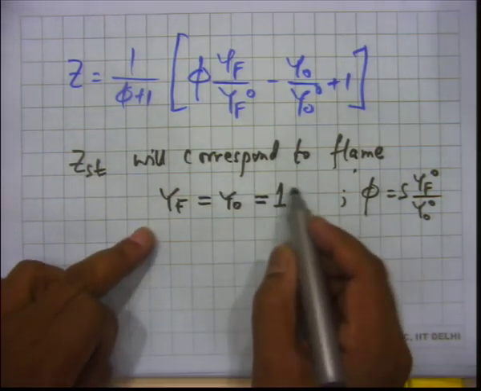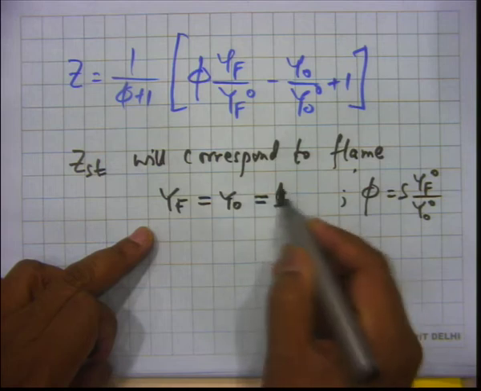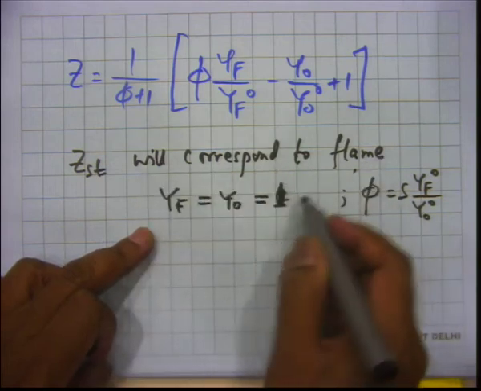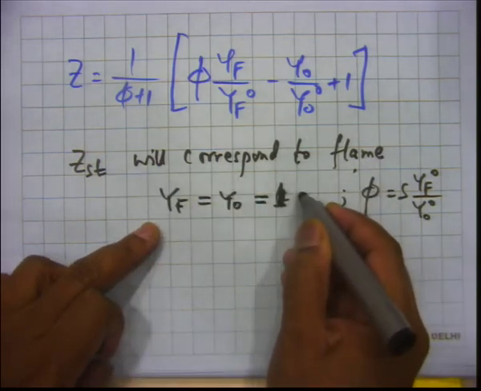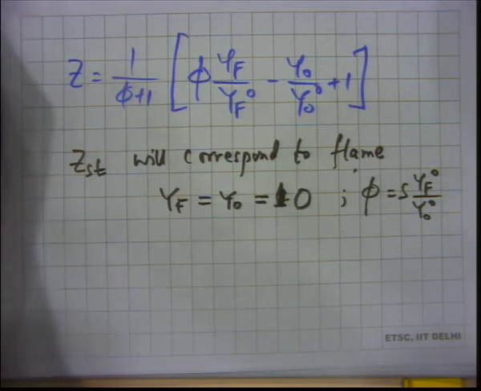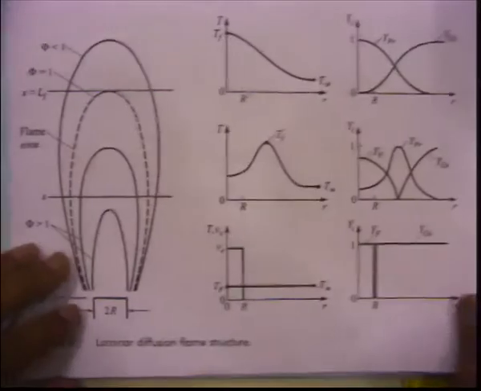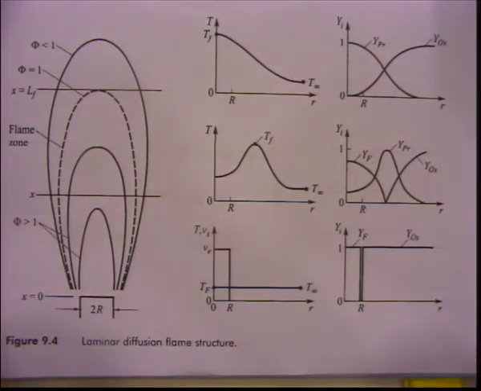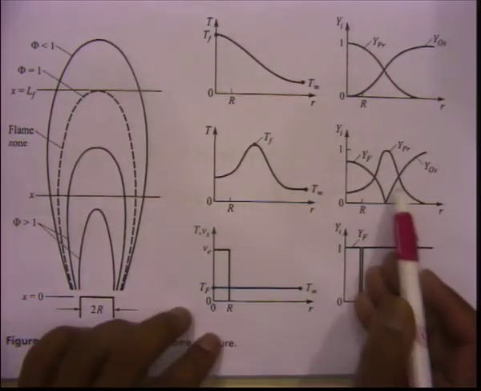But right now, what I am saying is, Z stoichiometric will correspond to the flame. Why did I write 1 here? I do not know. This is 0. At the flame, YF and Y oxidizer will be 0. Why? Same story as before, what we had done a few classes back.